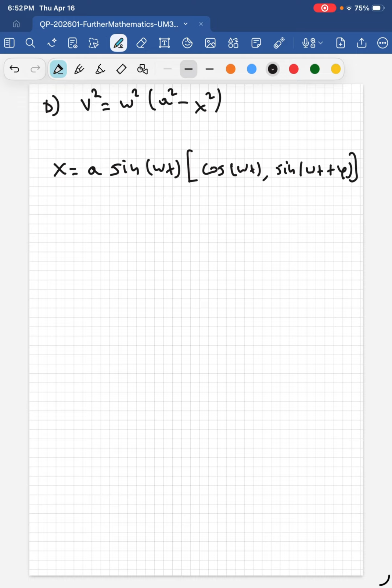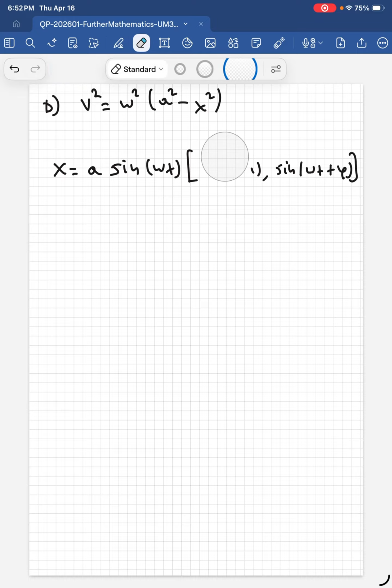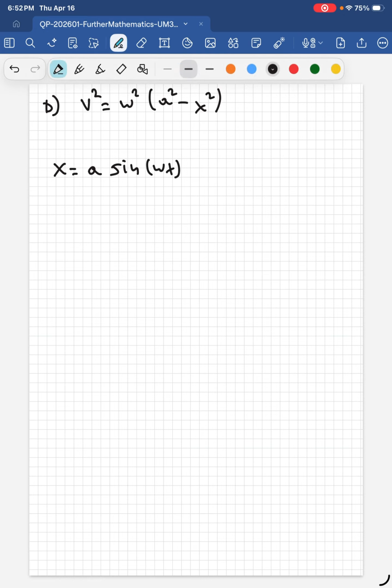So if the displacement is that, then the velocity is dx over dt, or in other words, it's omega A cosine omega t, okay? And then the acceleration is, of course, the first derivative of the velocity. So it's minus omega squared A times sine omega t.